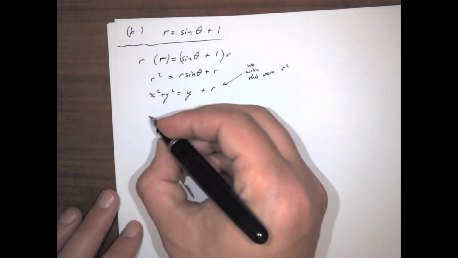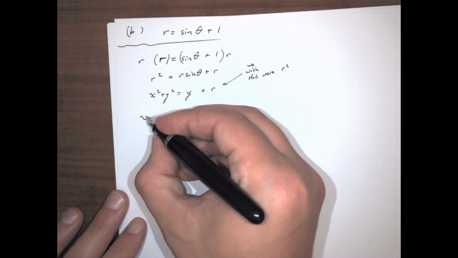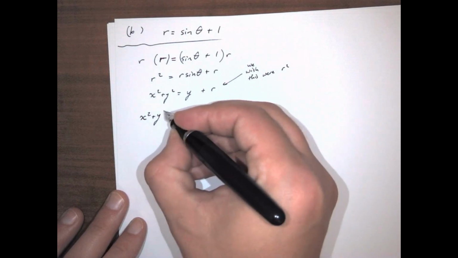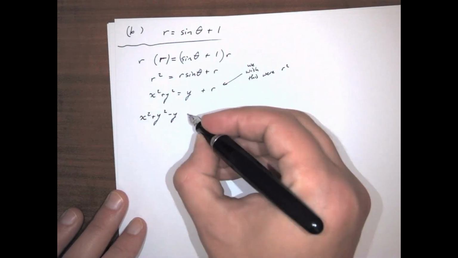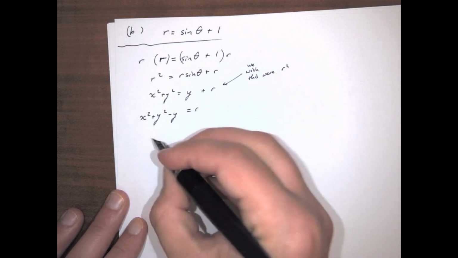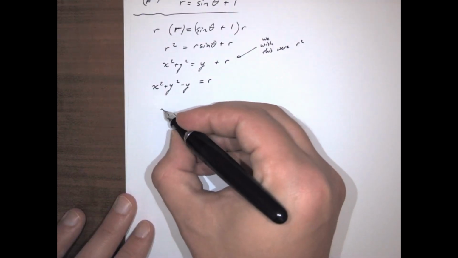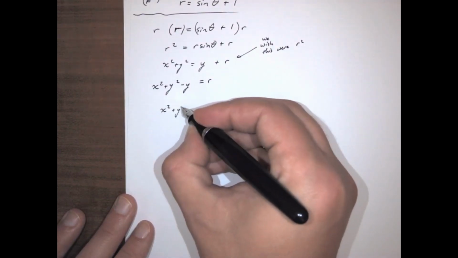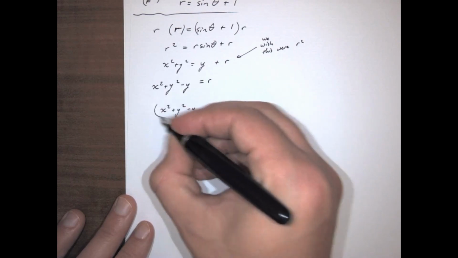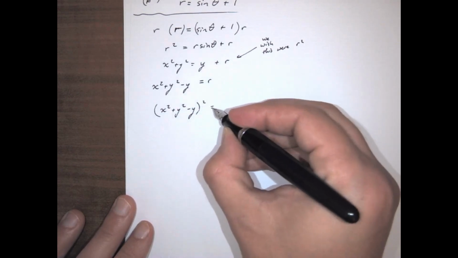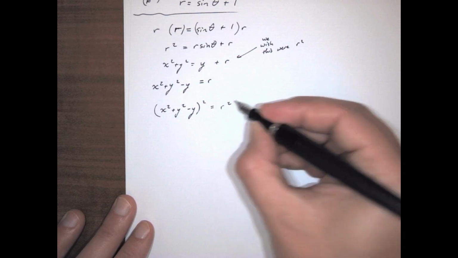Square both sides. So then we'd have x squared plus y squared minus y equals r, and then we could square both sides. X squared plus y squared minus y, that whole thing squared, is equal to r squared.